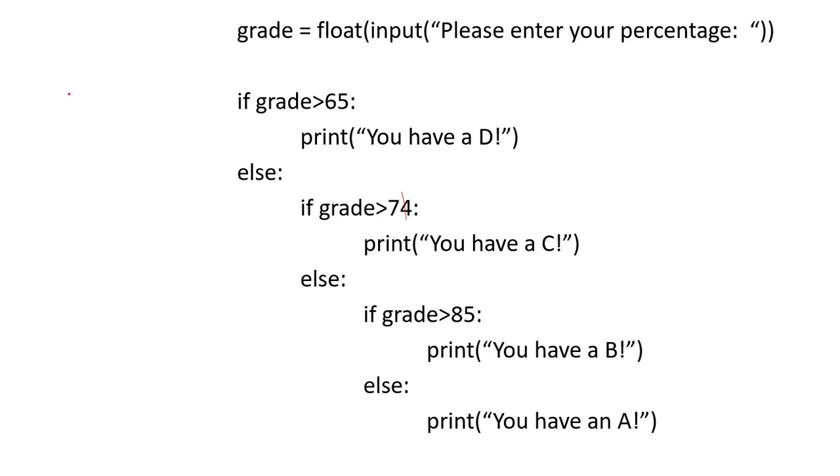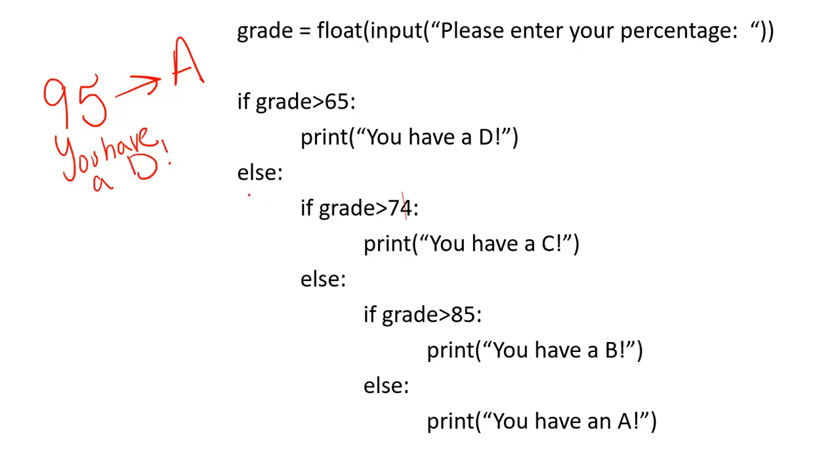Let's say I have a 95, which we know to be an A. The first thing we're going to check is this if statement. If 95, because that's grade, is greater than 65. Is 95 greater than 65? Well, yeah, right? So we're going to print, you have a D.